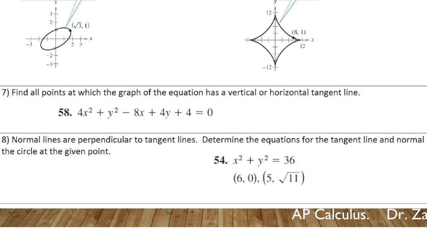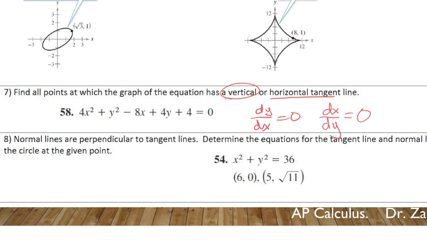This question, find all points for which the graph of the equation has vertical and horizontal tangent lines. So if you have a horizontal tangent line, you know that your dy/dx is going to be equal to 0. When you think about your vertical tangent lines, that's where dy/dx does not exist. But what if we were to think of it as where dx/dy is equal to 0?